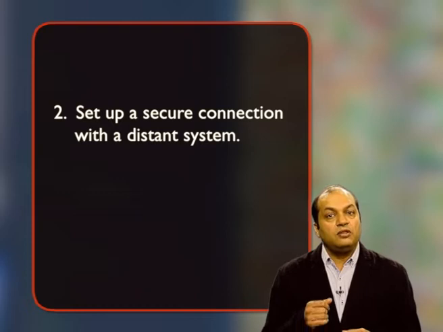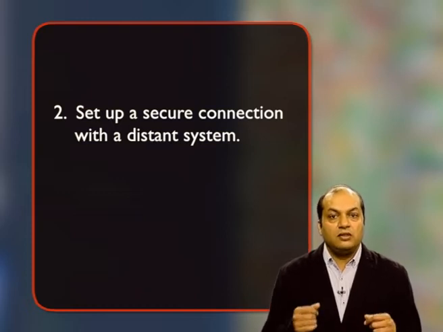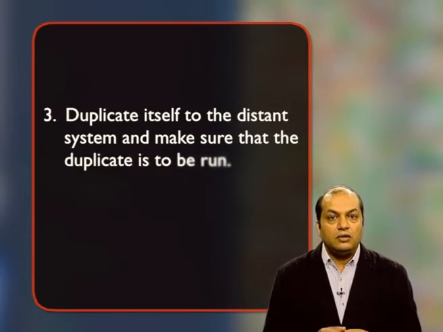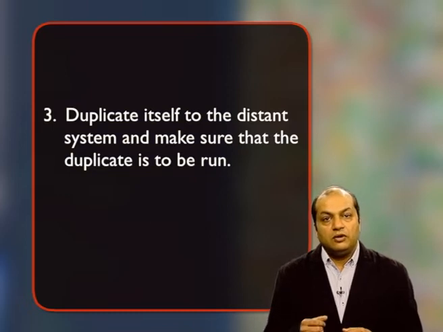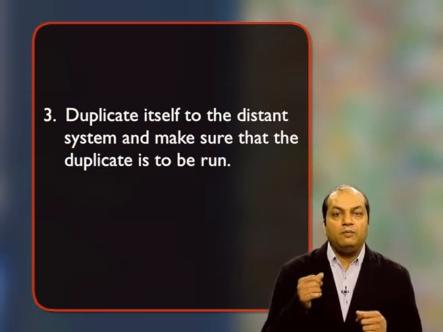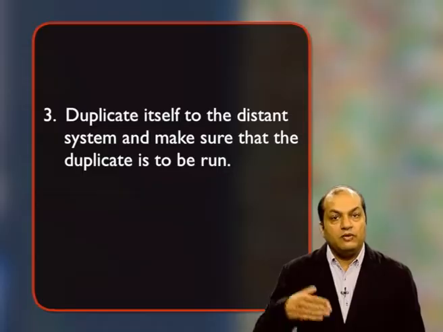Second, set up a secure connection with a distant system. The third one is to duplicate itself to the distant system and make sure that the duplicate is run. Network worms also scan the system to find out whether the machine is already infected or not. Network worms are difficult to respond to as compared to viruses.